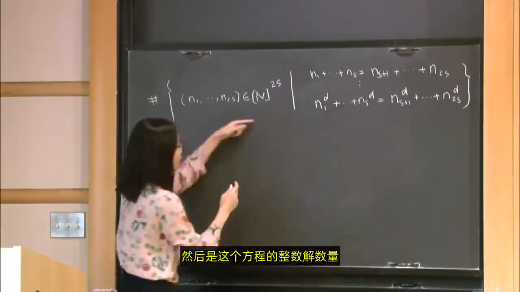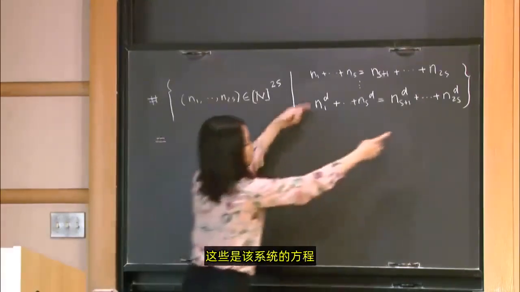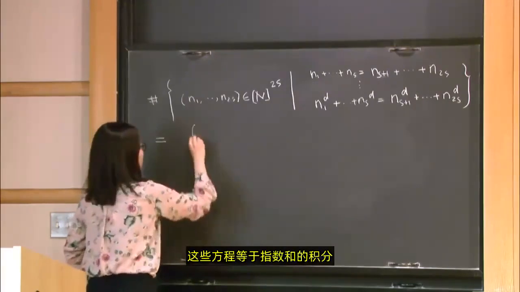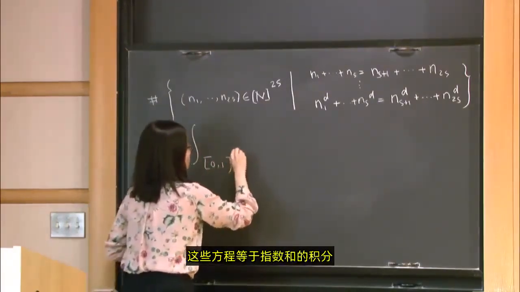Then the number of integer solutions to this system of equations equals the integral of an exponential sum.